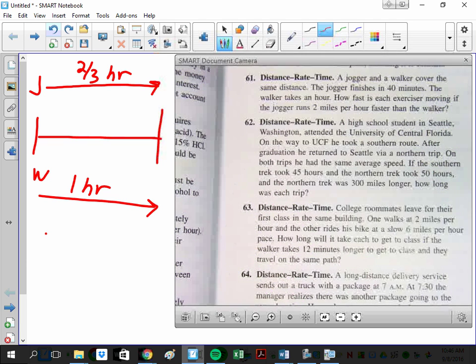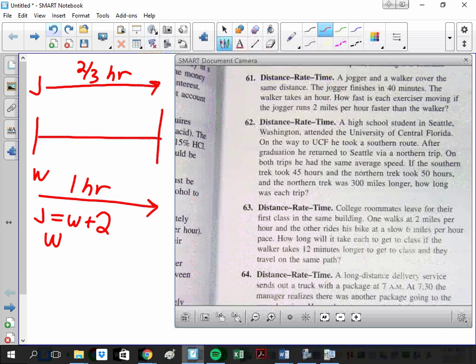So the speed of the walker is W. What's the speed of the jogger? So J is W plus 2. And now we've eliminated the J variable and we have nothing but W's. Again, our formula is rate times time equals distance.